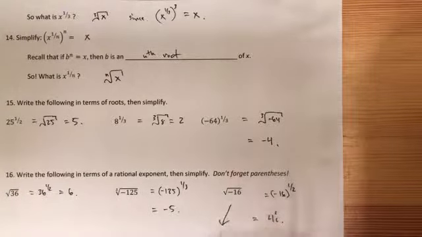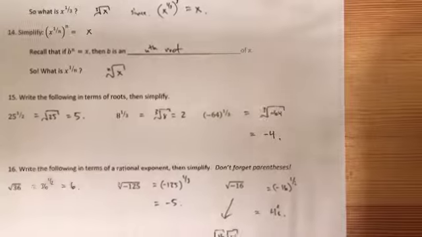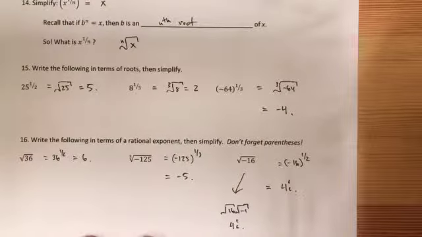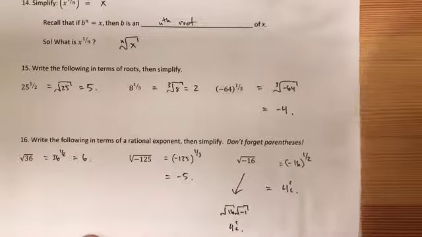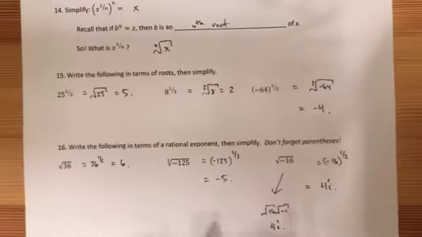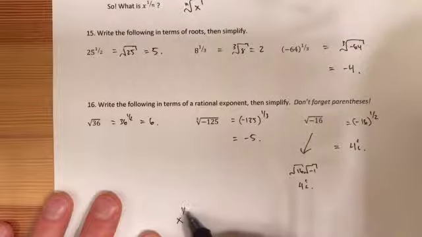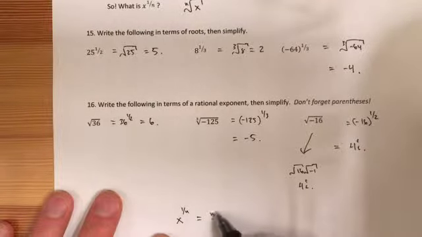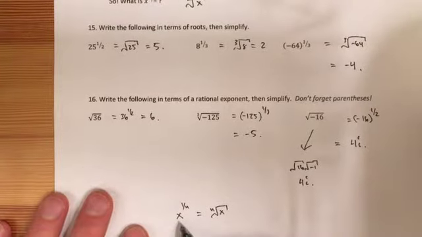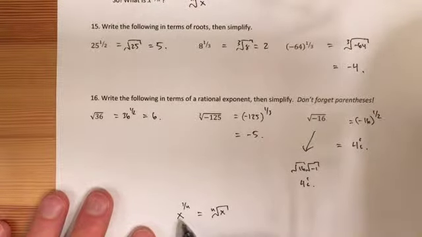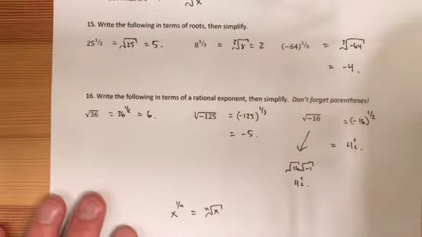Because this is root 16 times root negative 1, and that is 4i. Okay, so that takes care of it. We've got some definitions, the most important of which is probably that x to the 1 over n is equal to the nth root of x. In other words, this is looking for the number that multiplies n times to get x. Great.